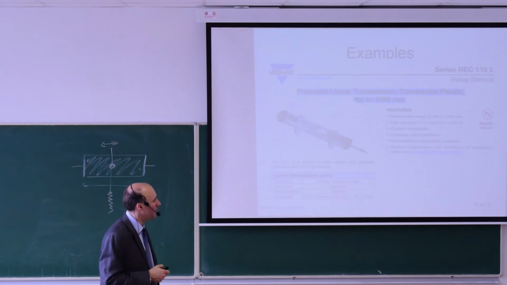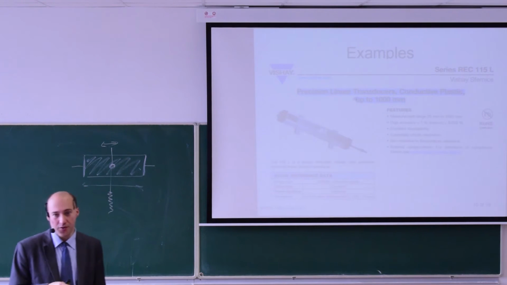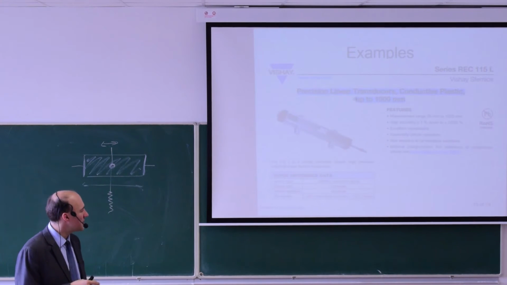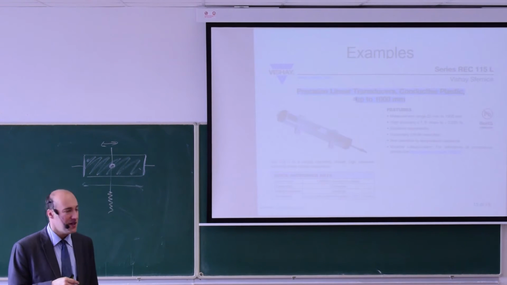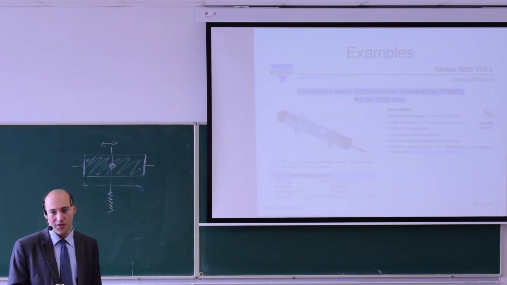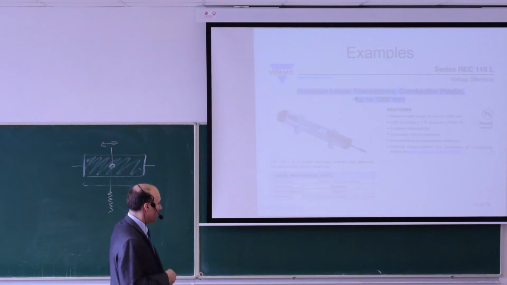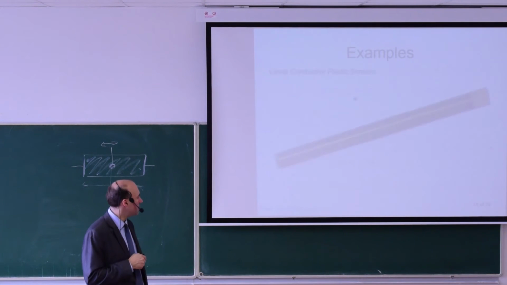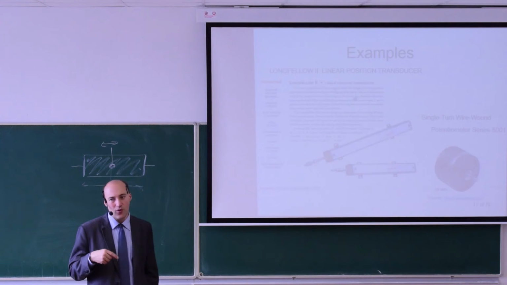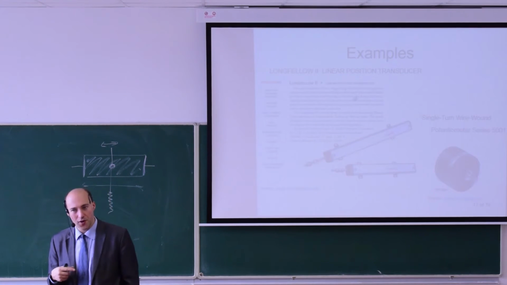So the sensor is not limited in resolution by the construction, but then obviously you will be limited by the voltmeter and by its accuracy. So there is always a limit in accuracy. What is important for this sensor is that we need to connect only a certain voltage to it.